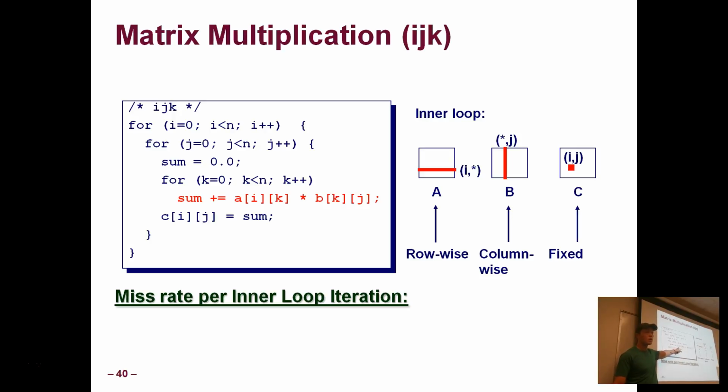It would be a miss every 1 in 4, so a 25% miss rate. Okay, good. So for A, 25% of the time it will miss, but because it brings in the 3 other doubles, the next 3 iterations after the miss will hit. This one is always going to miss, no matter what, because it's going down the column.